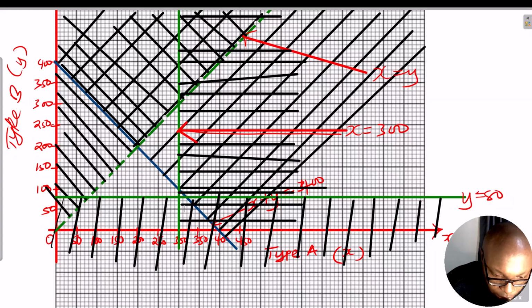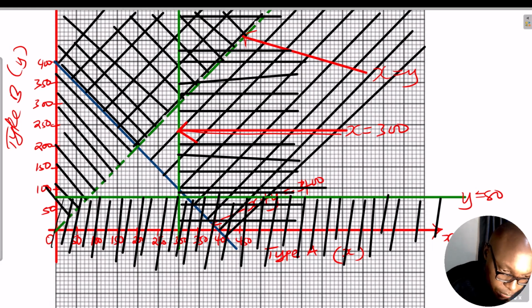You need to shade properly so that you can see this region. The region that is left unshaded is the required region that will satisfy all the inequalities. So this is the required region, or the feasible region.